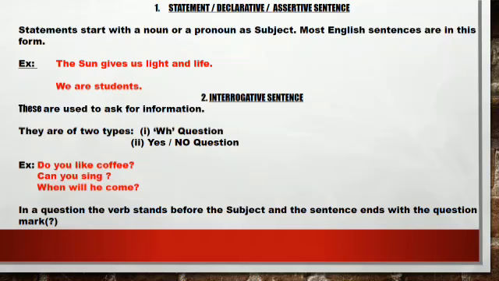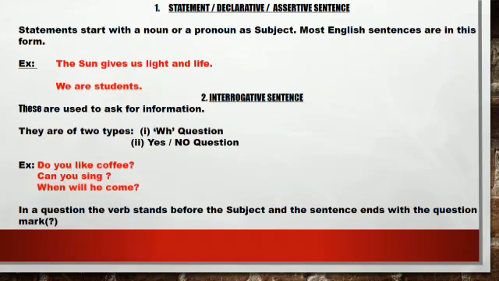Do you like coffee? Can you sing? When will he come? All these are examples of interrogative sentences. In a question, the verb stands before the subject. Here you is the subject in the first sentence, and in the second sentence you is the subject, and it is said the verb stands before the subject.